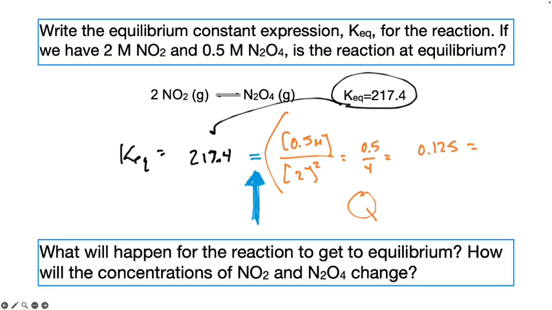I took the product concentration divided by my reactant concentration. So to make 0.125 into 217, I have to make my product concentration larger. I need to make it a big number.